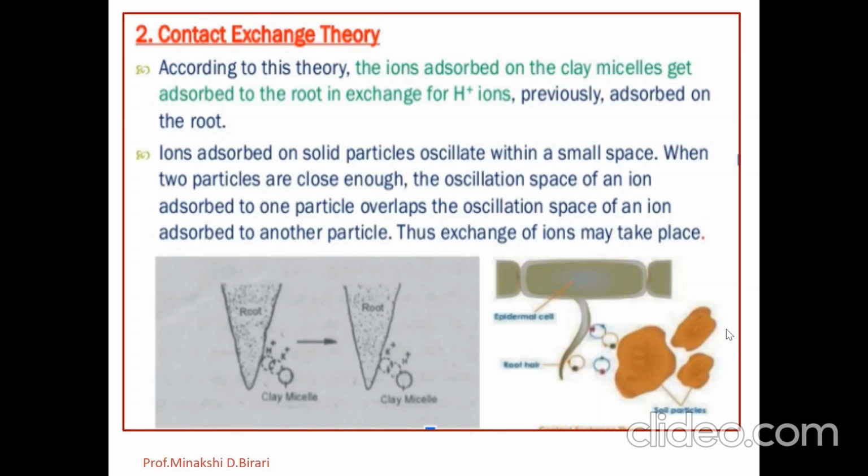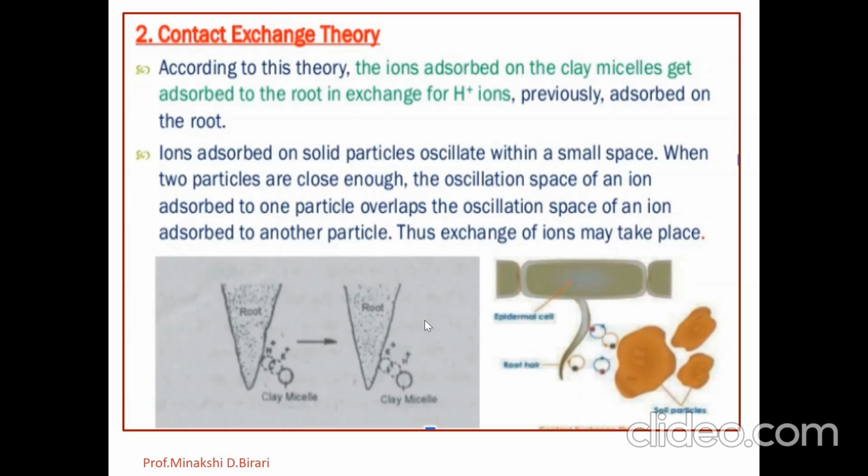Ions adsorbed on the solid particles can oscillate within a small space, and when two particles are close enough, the oscillation space of an ion adsorbed to one particle overlaps the oscillation space of an ion adsorbed to the other particle, and there will be the exchange of ions. So that is nothing but the contact exchange theory.